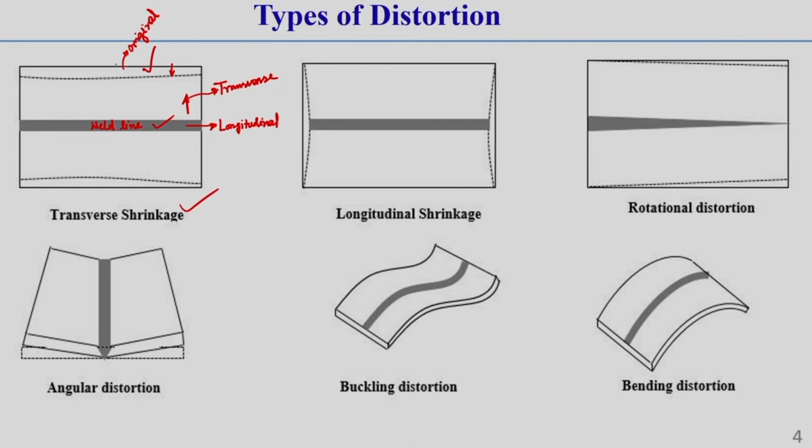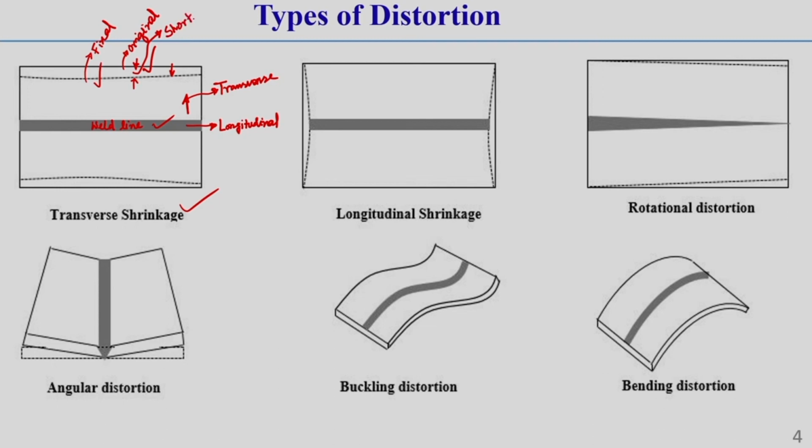So, you can see there is some distortion along the transverse direction. This much shortening has taken place. In which direction?